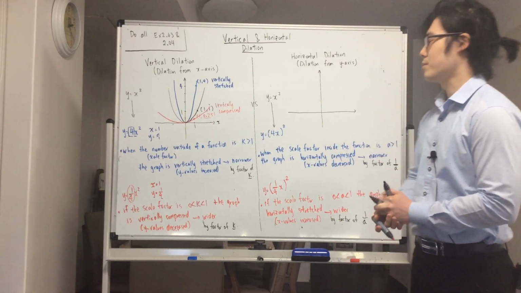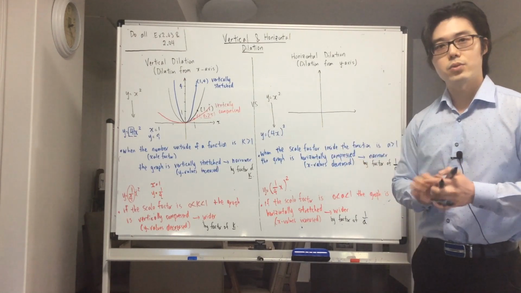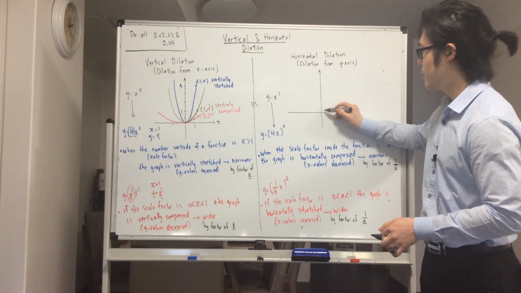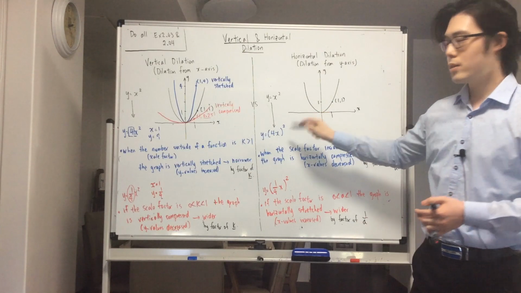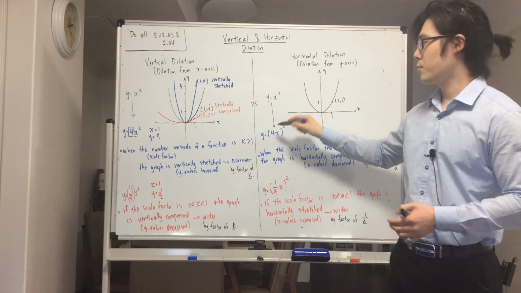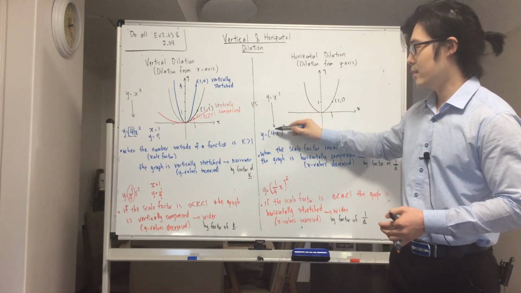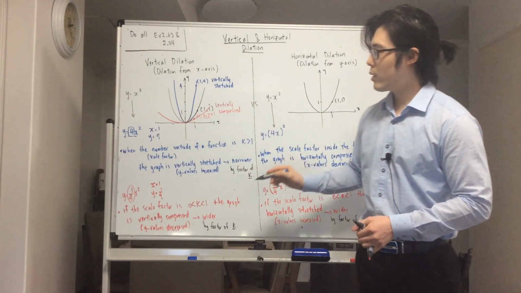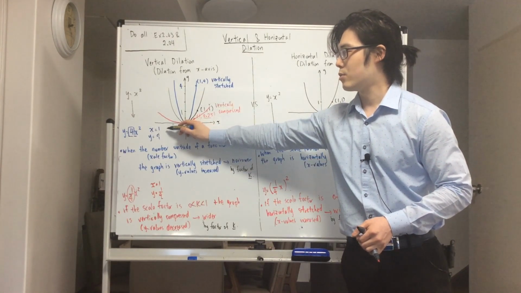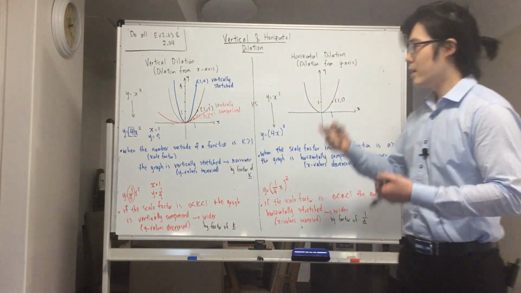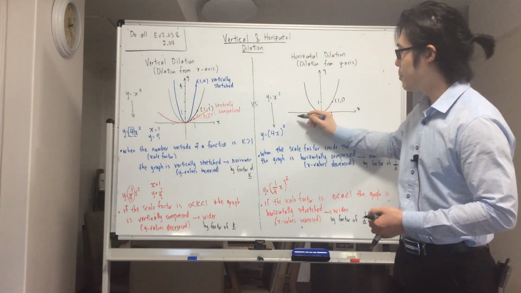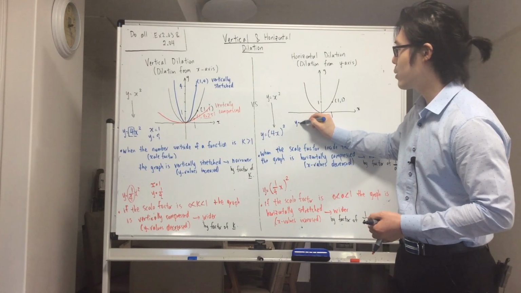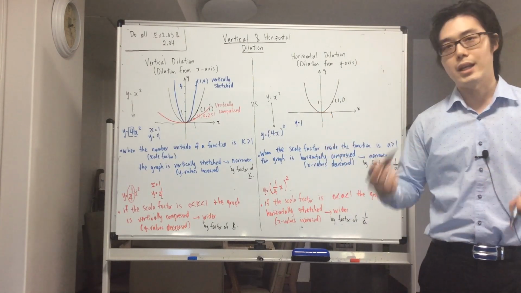Let's have a look at horizontal. So once again, I'm going to start off by drawing y equals x squared, which is a regular parabola. What you'll notice with this one though, instead of y equals 4x squared, the 4x is both inside a bracket squared. Okay? Now, you know how I substituted x equals 1 to find out the y value? In this instance, I'm going to do the opposite, and I'm going to substitute y equals 1 and see what the x value is from there.